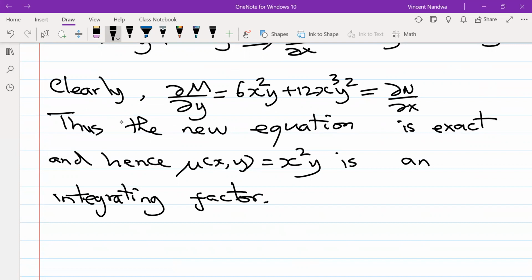So the question will be, how do we find this mu of x,y?